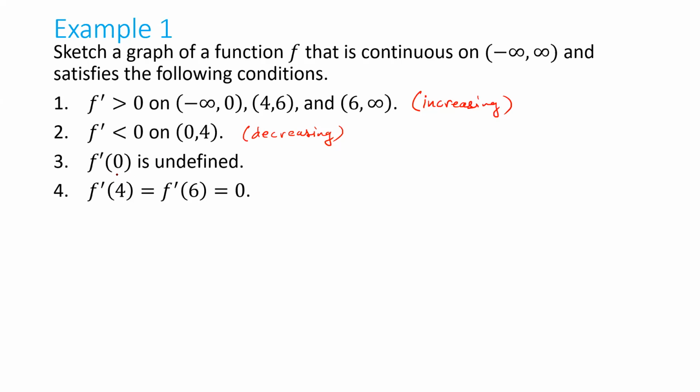It could be a vertical asymptote, but I don't think that's the case here because we're assuming it's continuous for all real numbers. So there's no points of discontinuity in the graph. So it couldn't be a vertical asymptote. What else could it be? It's not a point of discontinuity, but it's a point where the slope is undefined.